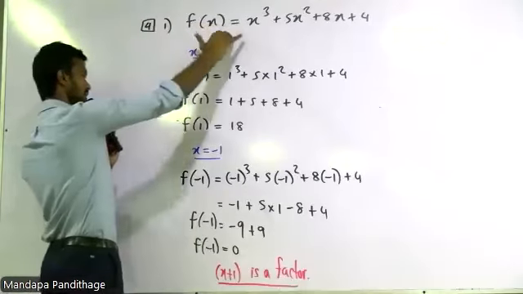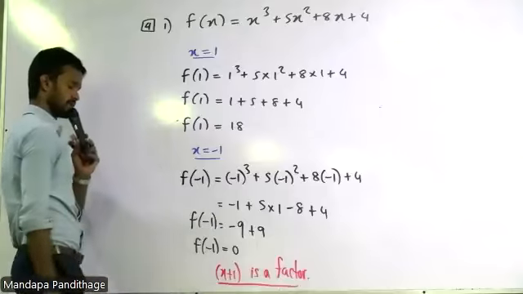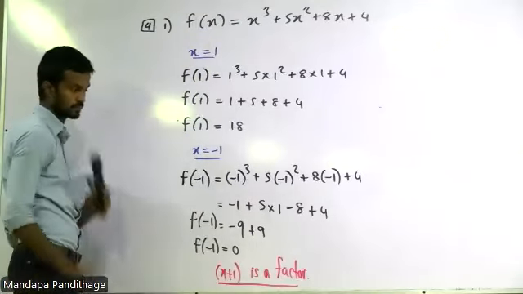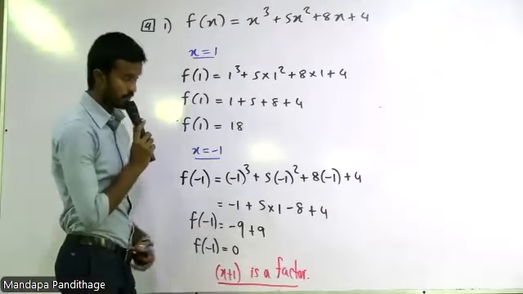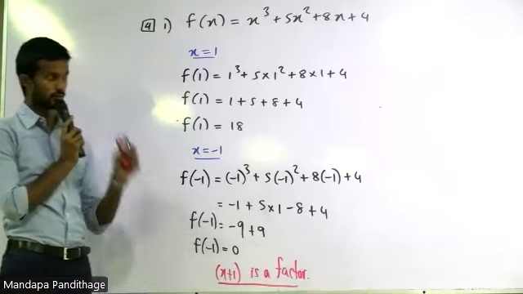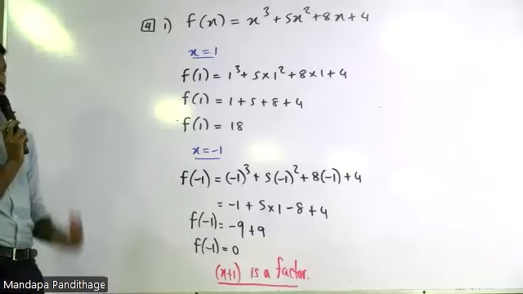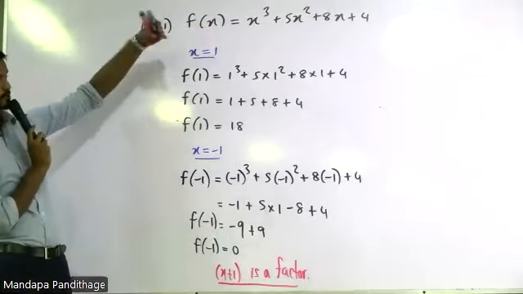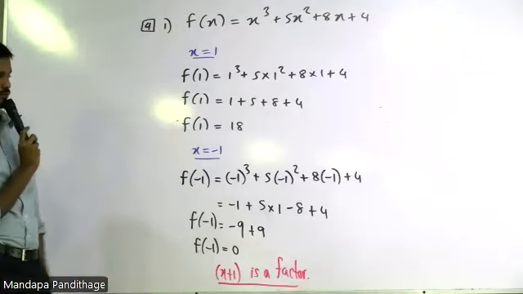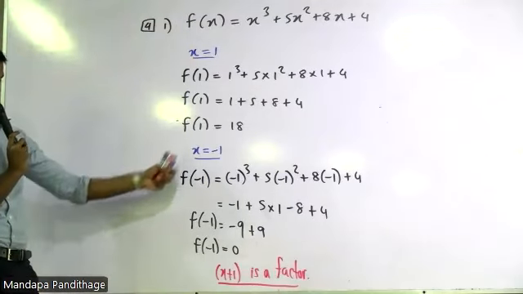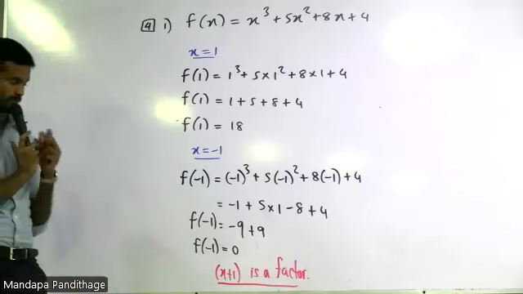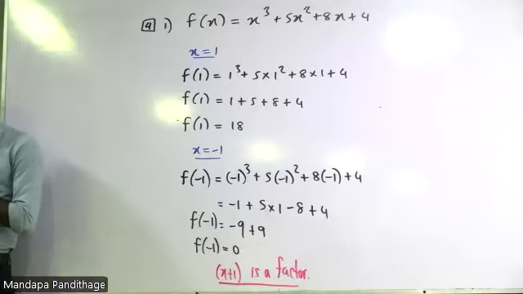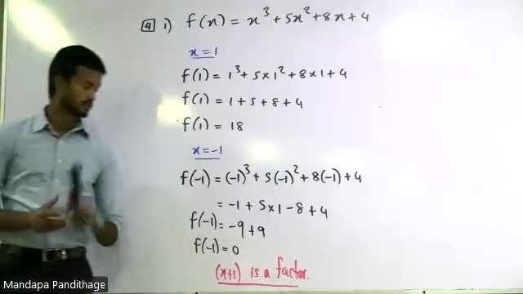Take this one and get that x plus 1 is a factor. For now, don't do the second one, only this one. Remain silent and do the work. Pay attention to what you are writing and what you are simplifying, and do it properly. Don't copy paste the board. Just take this as f(x). I substituted x equals 1 and realized it won't work. Then I substituted x equals -1, which gives 0.